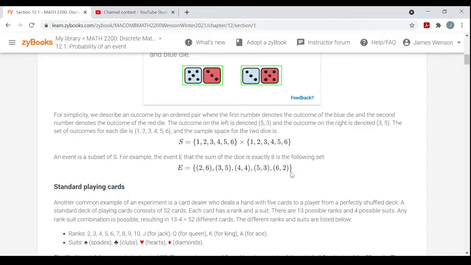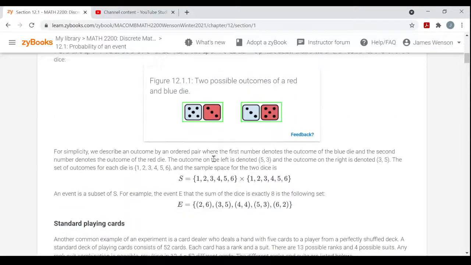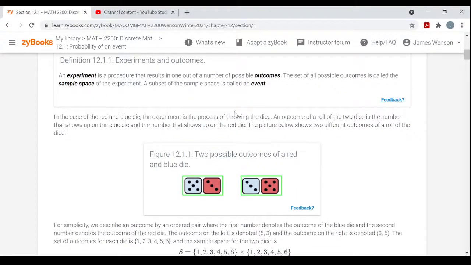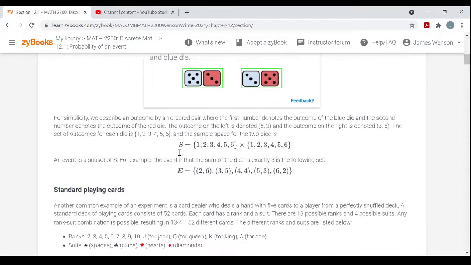These are all the outcomes where the sum of the two dice is exactly 8. And this is a subset of S, a sub-collection of all the ordered pairs that belong to the sample space, the list of all possible outcomes. So these are just some examples to read through, hopefully giving you an idea as to what these definitions mean and how they're used.